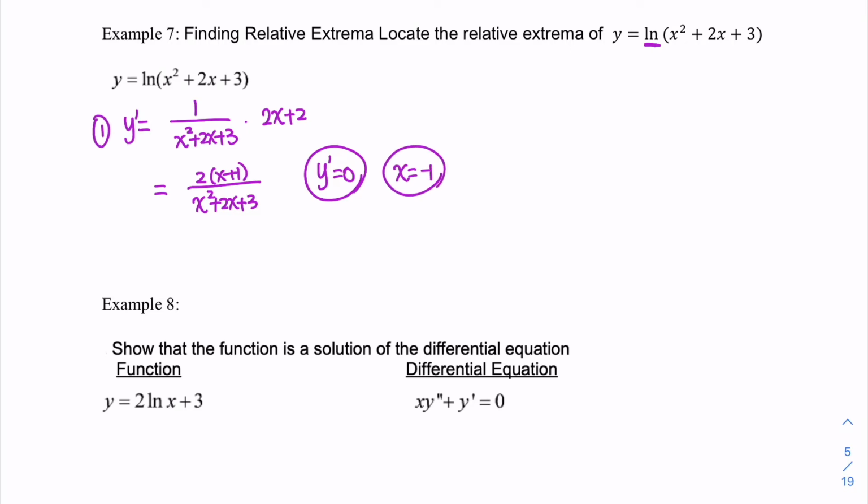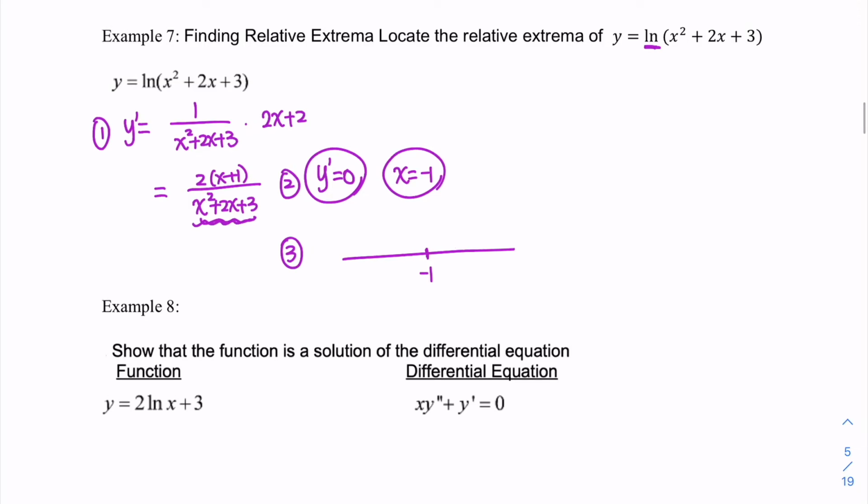Next, we are going to do the sign analysis. Around negative 1, the denominator is always going to be positive. So when you plug negative 2 in, for example, it gives us negative, and when we plug 0 in, it gives us positive. So the derivative changes sign from negative to positive.